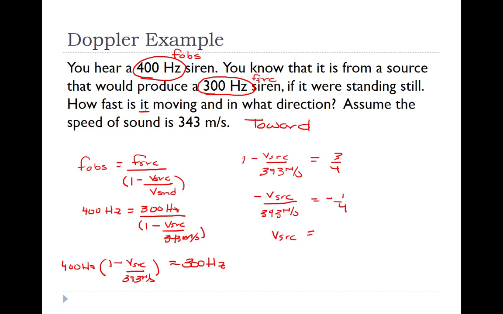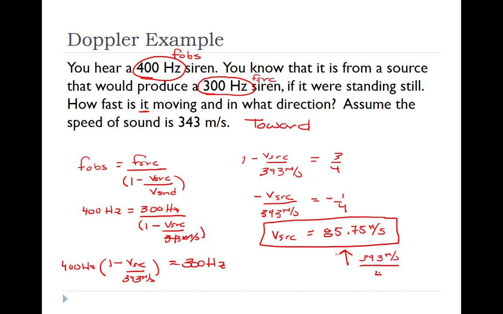So 343 divided by 4, that tells me the speed of the source is 85.75 meters per second. And again, that 85.75 is 343 meters per second divided by 4.